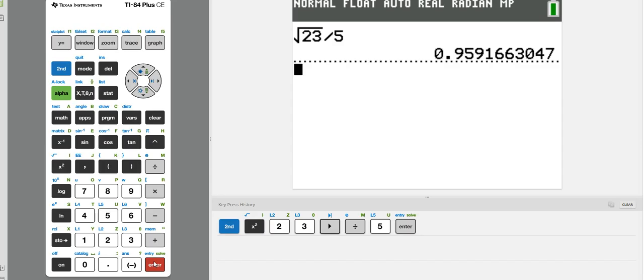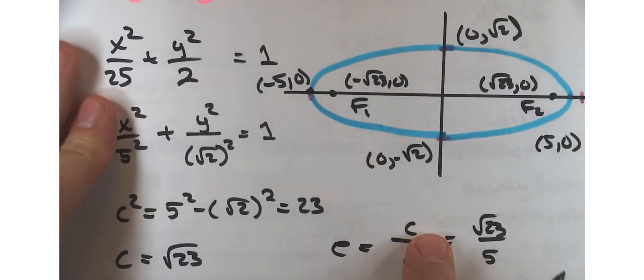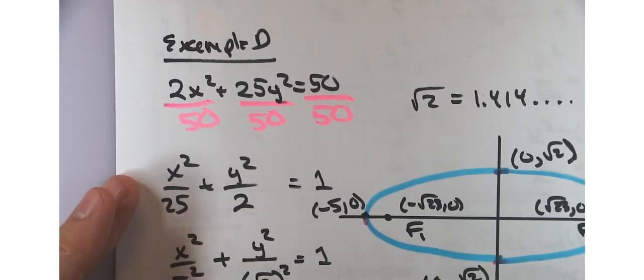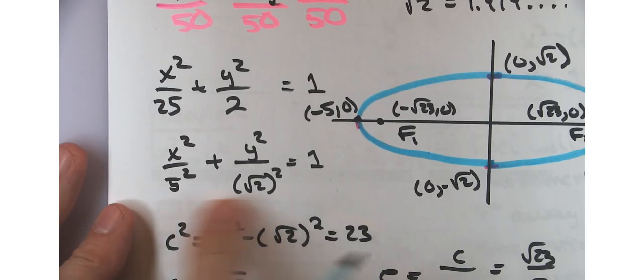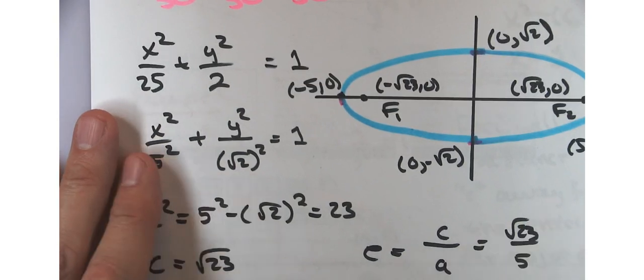Yeah, there we go, about 0.96. Okay, so we got the eccentricity. We're in good shape. You're always going to take that c and put it over whatever is the larger denominator term, larger squared term. So in this case, 5 was bigger than the square root of 2, so that's where I found my ratio.